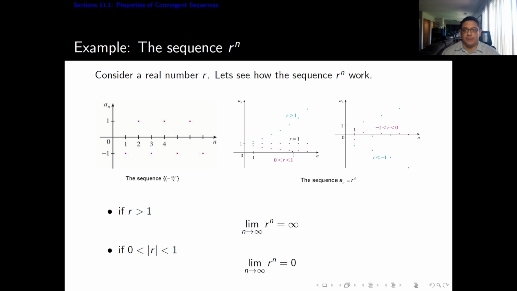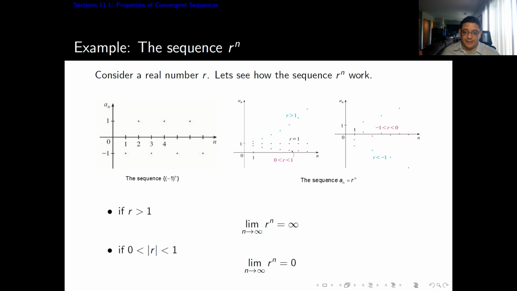One of the examples we can examine is the sequence r to the n. Consider r to be a real number. Initially, if r equals -1, you're going to have an alternating term that bounces from -1 to 1, -1 to 1, -1 to 1.